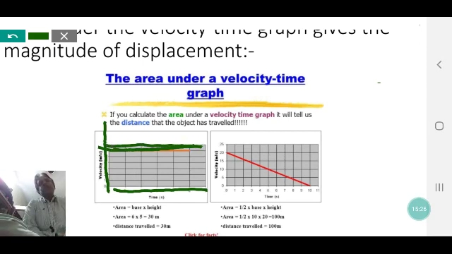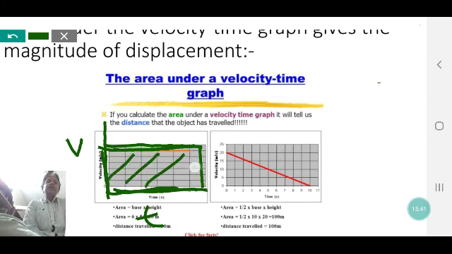An object is moving with constant velocity v, and it is t here. Now, here we can find the value of displacement by the velocity time graph. If you find the area here, this area is known as the area under the velocity time graph. This area gives the value of magnitude of displacement.